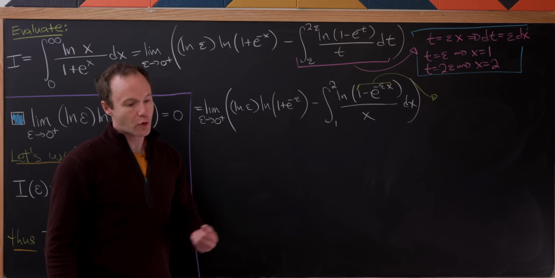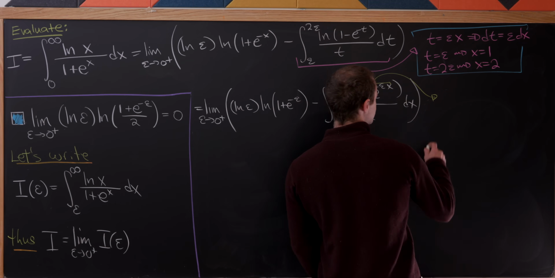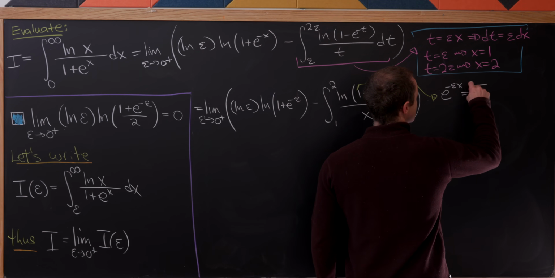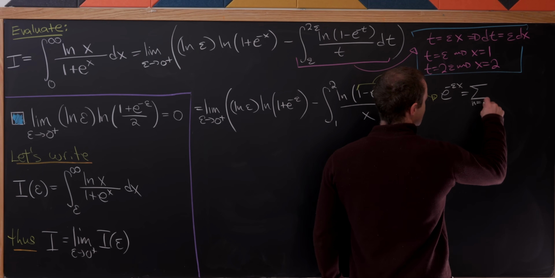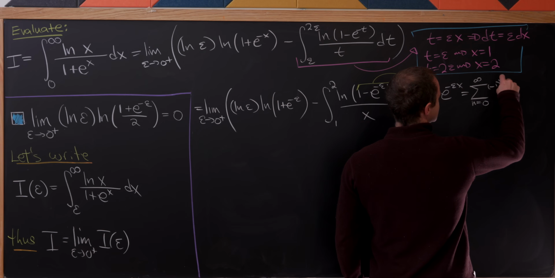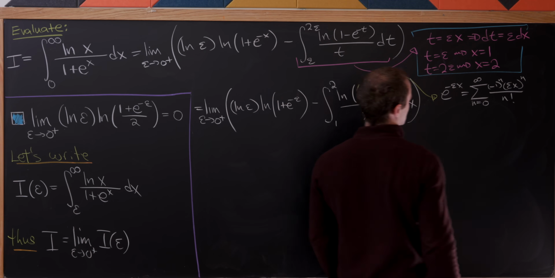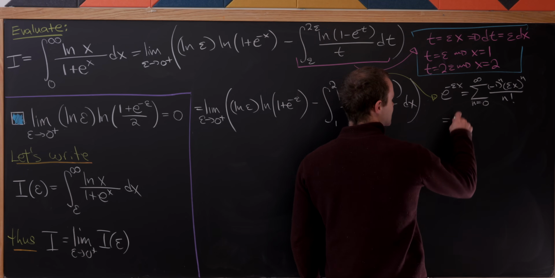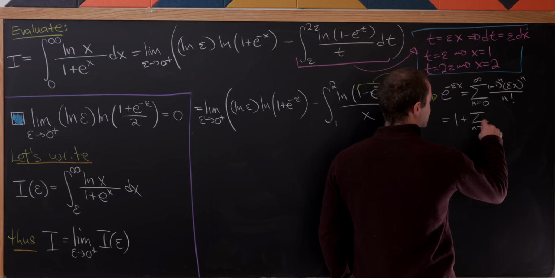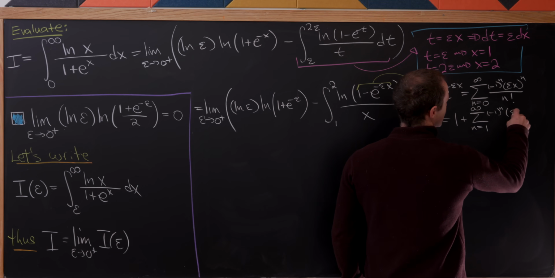So let's maybe quickly notice that this thing cancels out using the fact that e to the minus epsilon x is equal to the sum, as n goes from 0 to infinity, of minus 1 to the n epsilon times x to the n over n factorial, which is in fact equal to 1 plus the sum as n goes from 1 to infinity of that same thing.